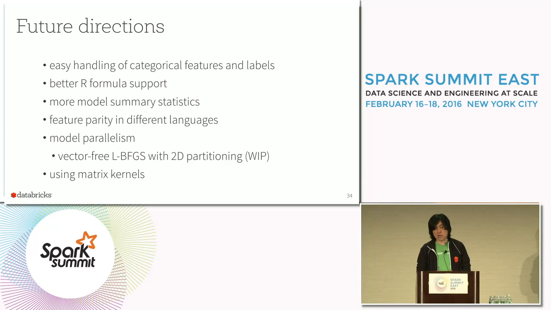And we're also working on model parallelism to increase scalability on the number of features. The current implementation kind of stops at maybe 100 million features, but we definitely want to go beyond that, like 1 billion. And there are also some internal performance optimizations we can use to call native kernels.